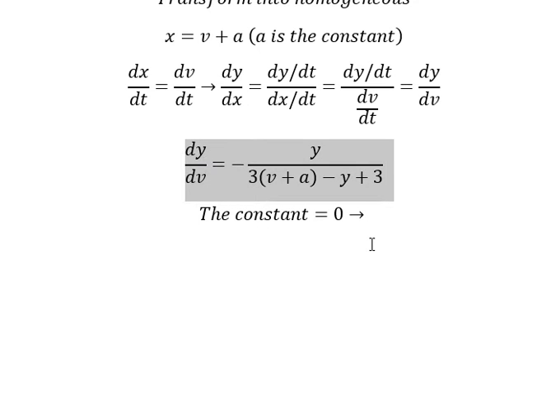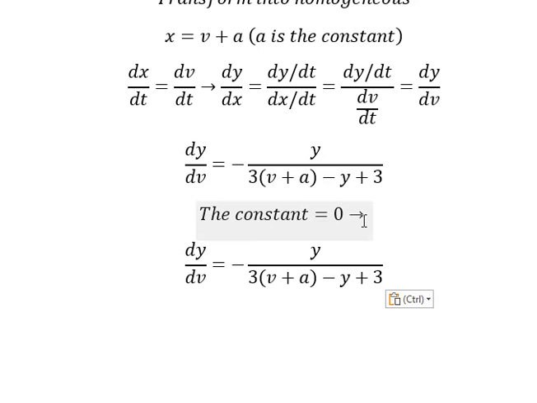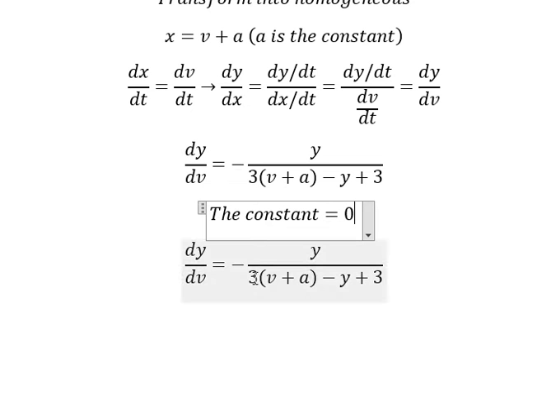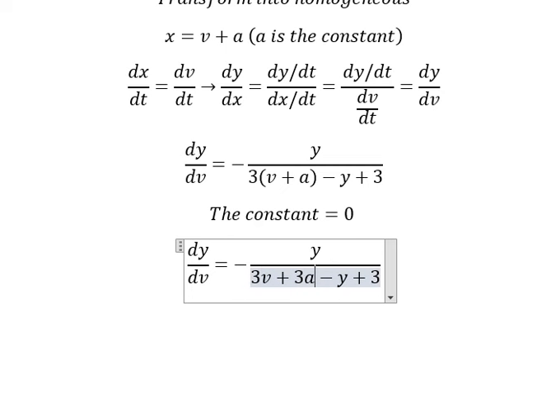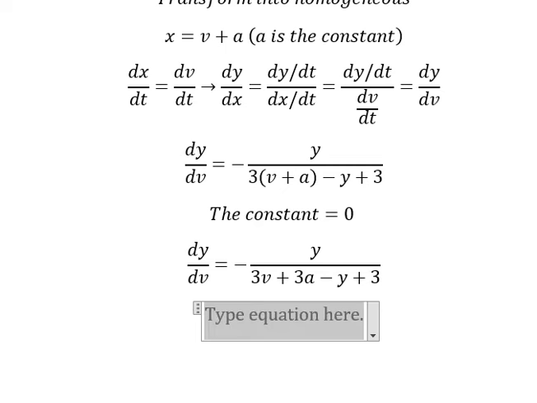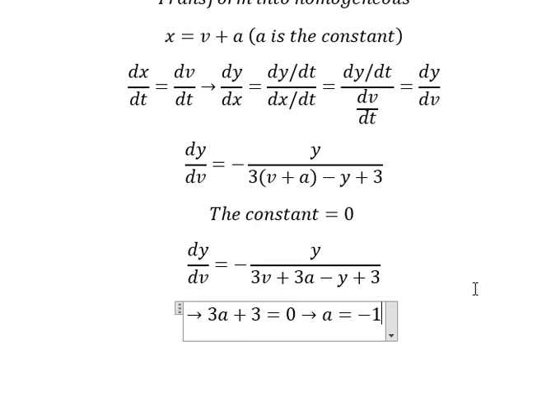So in this situation we have 3v plus 3a. So 3a and number 3, they are the constants. So I will put 3a plus 3 equals to number 0. So a equals to negative number 1.